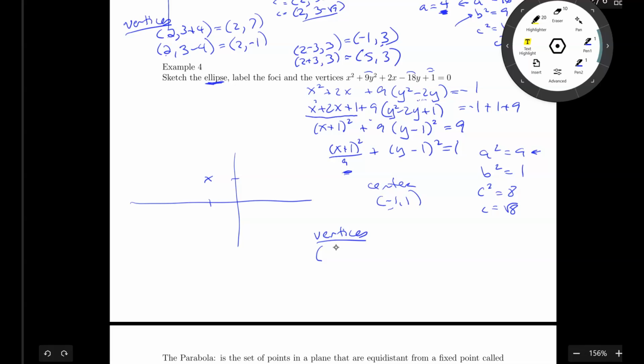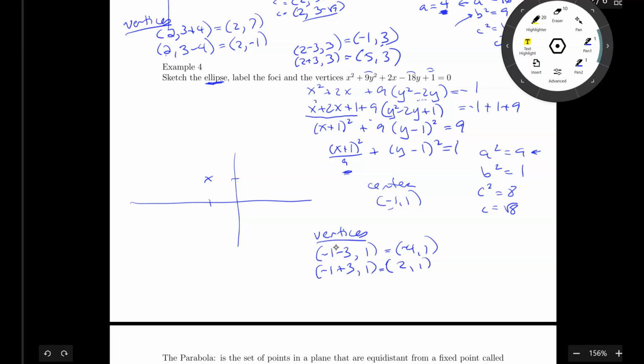So my center starts at negative 1, so I'm going to subtract 3 and then keep the y value the same. I'm going to take the center of negative 1 and I'm going to add 3 and keep the y value of 1. So this gives me a negative 4, 1, and this gives me a 2, 1.